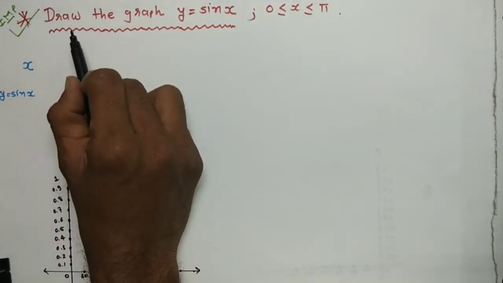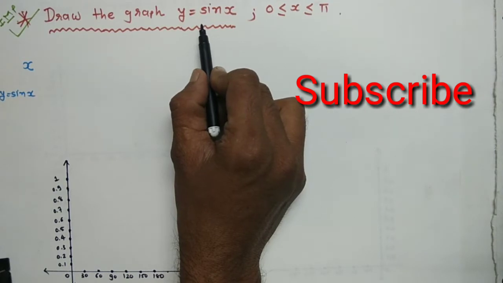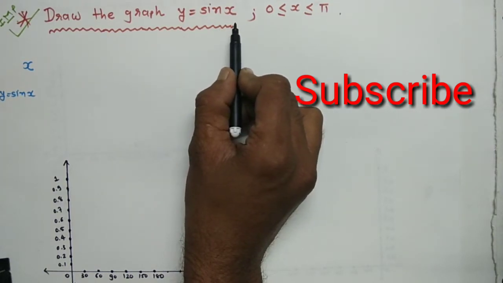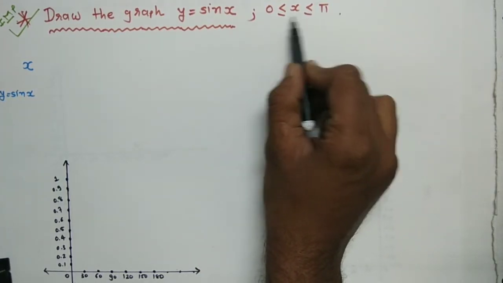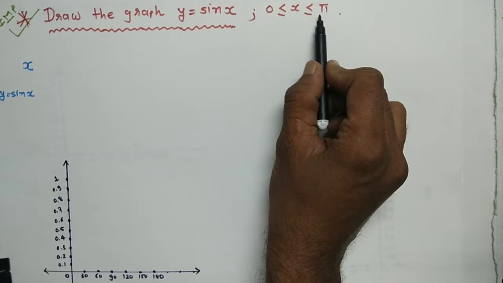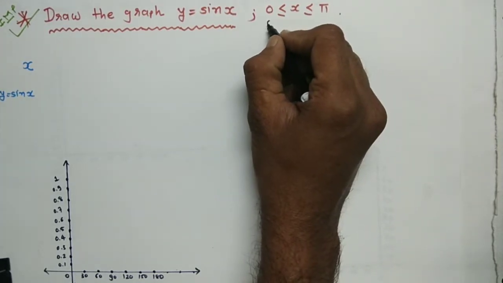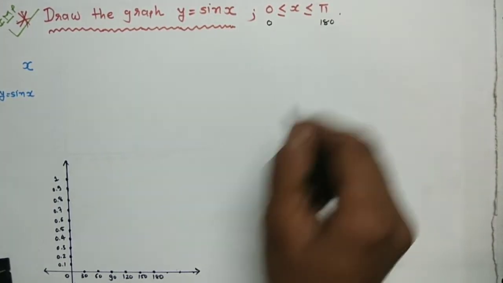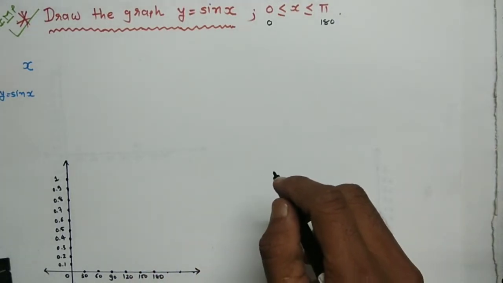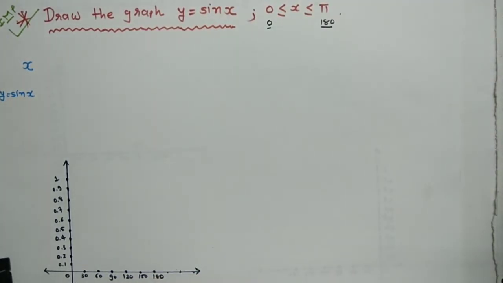Here the question is: draw the graph of the function y is equal to sin x, where x lies between 0 to pi radian. 0 radian means 0 degree and pi radian means 180 degree. The values of x lie between 0 to 180 degree. Now we draw the graph.